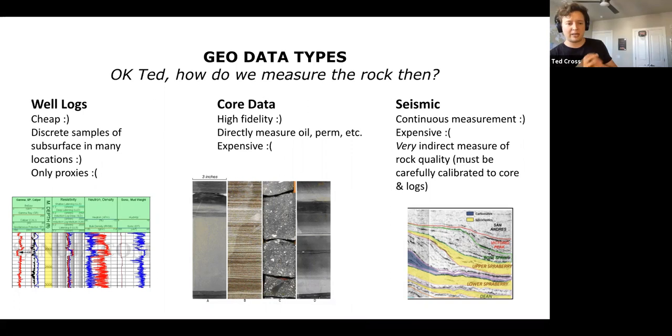Yeah, so that's going to depend on 2 things. Number one, what the pre-existing set of data availability is within that play. If you're working in the Permian Basin, it's the most data-rich basin on the planet, just because it's been drilled. There are 200,000 wells that have been drilled in the Permian Basin, so it's extremely data-rich.